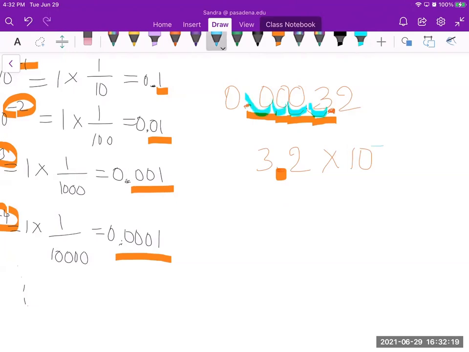Those 4 places is this one. When I multiply by that, if you try to input this into your calculator, if you do 3.2 times 10 raised to the power of negative 4, you should be able to get the original number back.